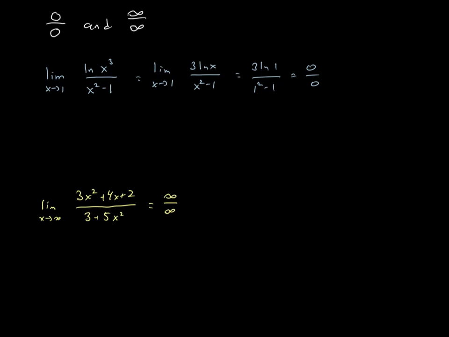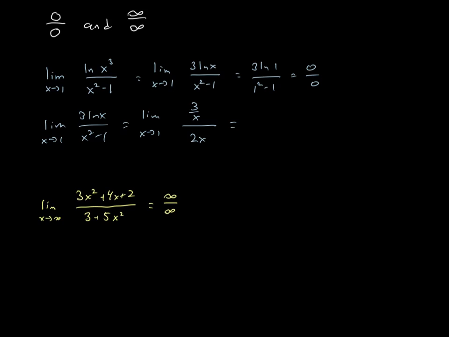And so because of that, I know that the limit as x approaches 1 of 3 ln x over x squared minus 1 is going to be equal to the limit as x approaches 1 of the derivative of the top, which is 3 times the derivative of natural log of x, which is 3 over x, all over the derivative of the bottom, which is 2x.